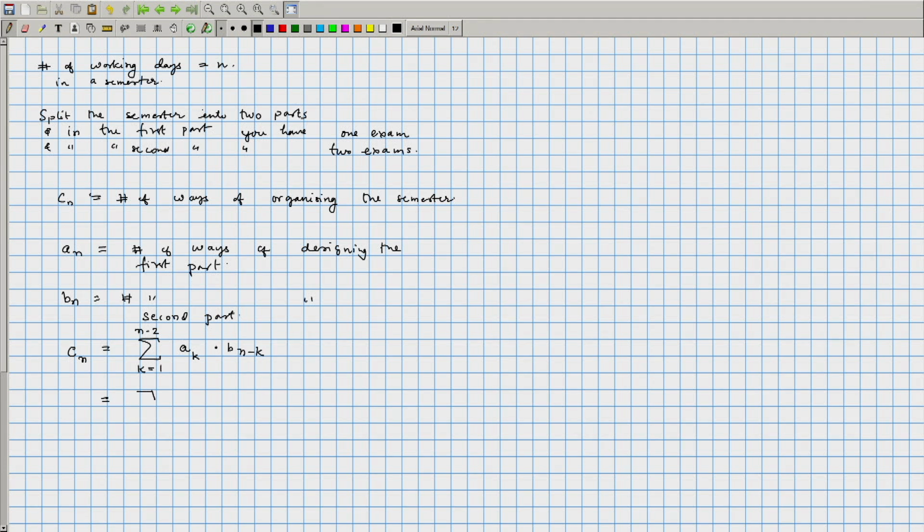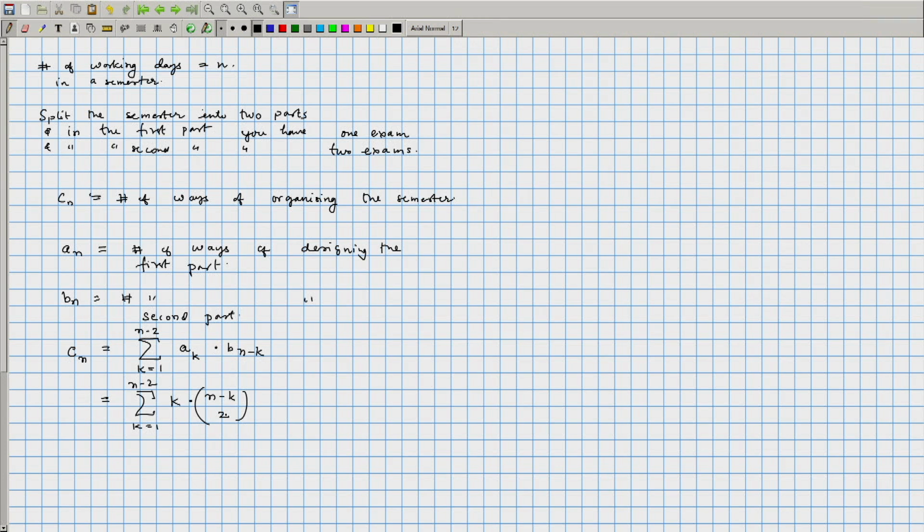A_k is the number of ways of picking 1 day out of k days, so that is k, times n minus k choose 2, which is the number of ways for the second part. So this is what we need to compute: the summation of k times (n minus k choose 2).